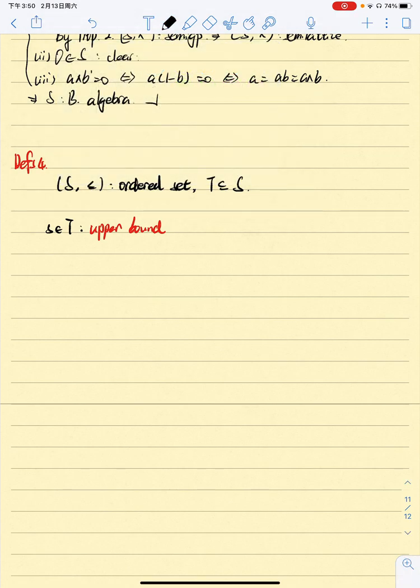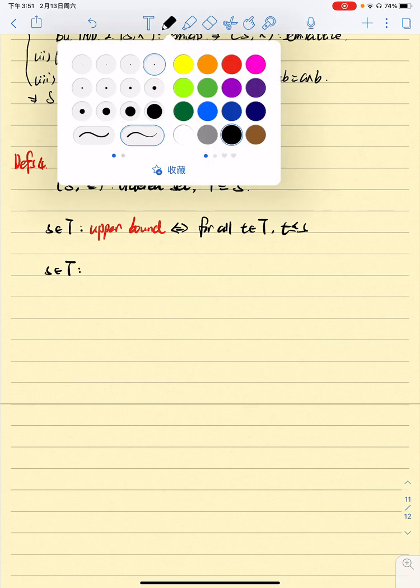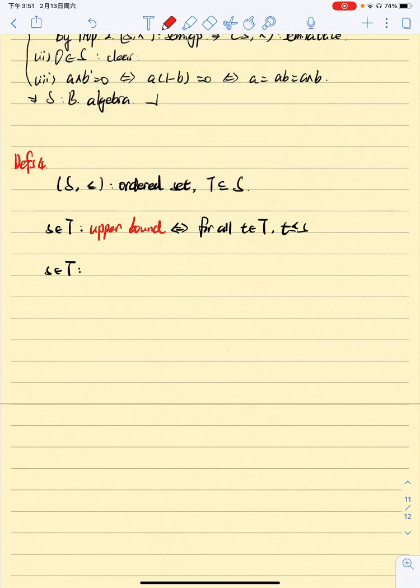If for every element T in T, S is bigger than T, then this is an upper bound. And we call S a least upper bound.